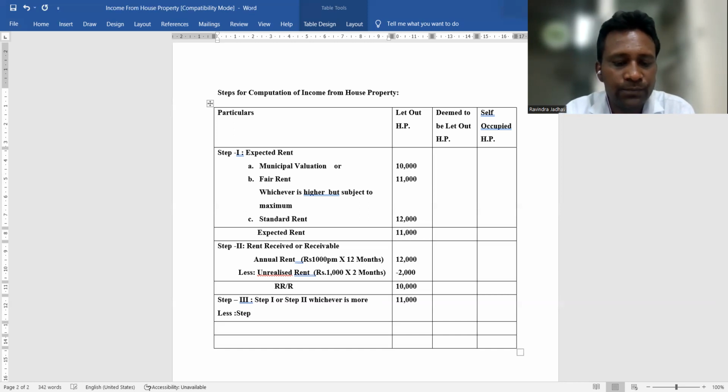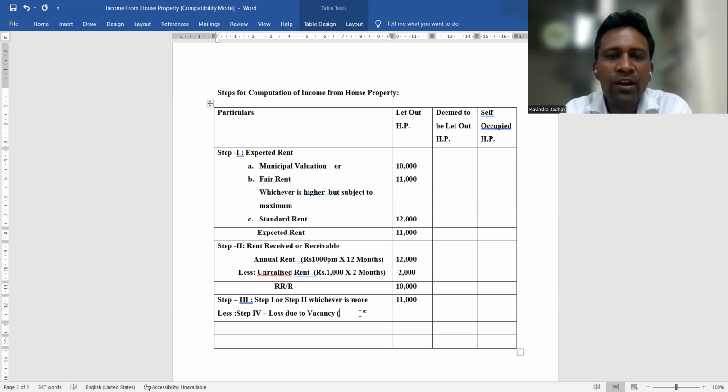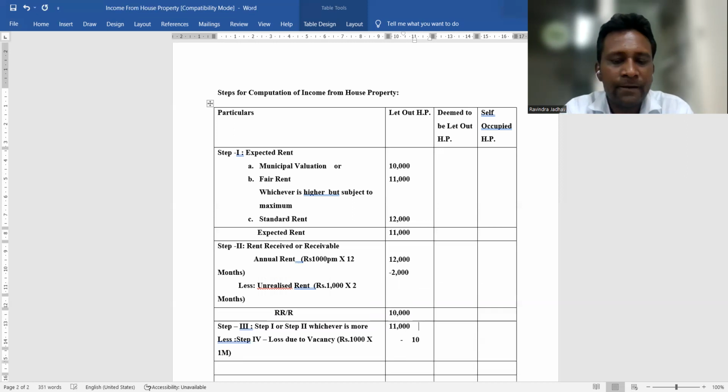Step 4, that is loss due to vacancy. Loss due to vacancy from this calculation. For example, in this case there is 1 month vacancy, given in the problem. So ₹1,000 multiplied by 1 month, that is ₹1,000.